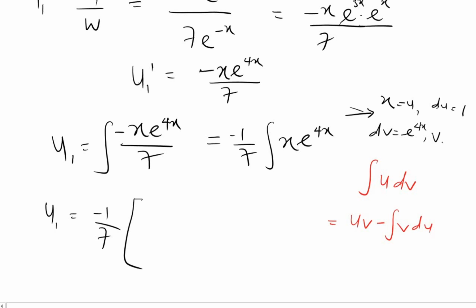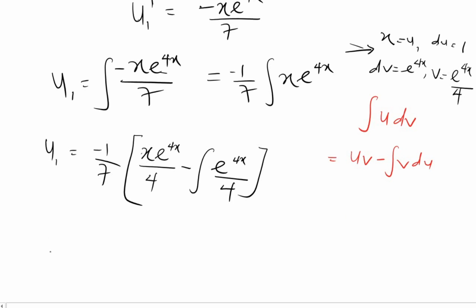Then what is going to be my v? V is going to be the integral of exponential of 4x, which will definitely be exponential of 4x divided by 4. So putting it into this, my uv is x multiplied by exponential of 4x over 4. This is my uv, then minus integral of v du. Du is 1, so it's just v, exponential of 4x all over 4.